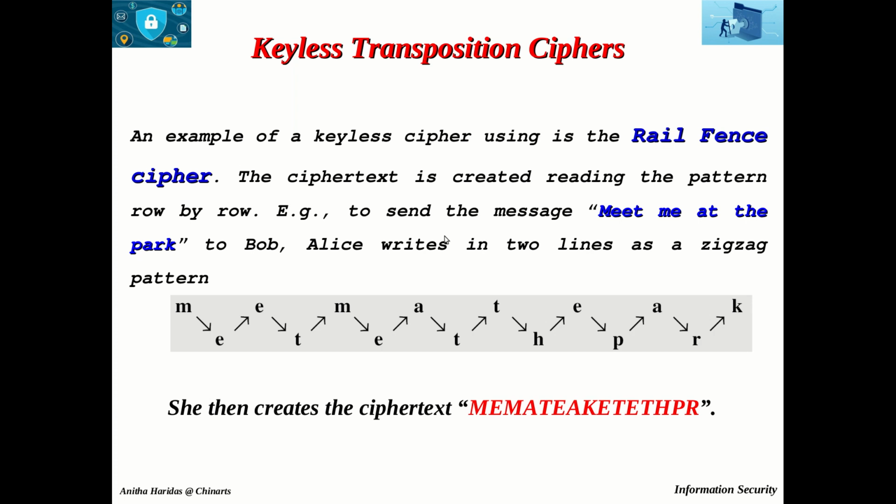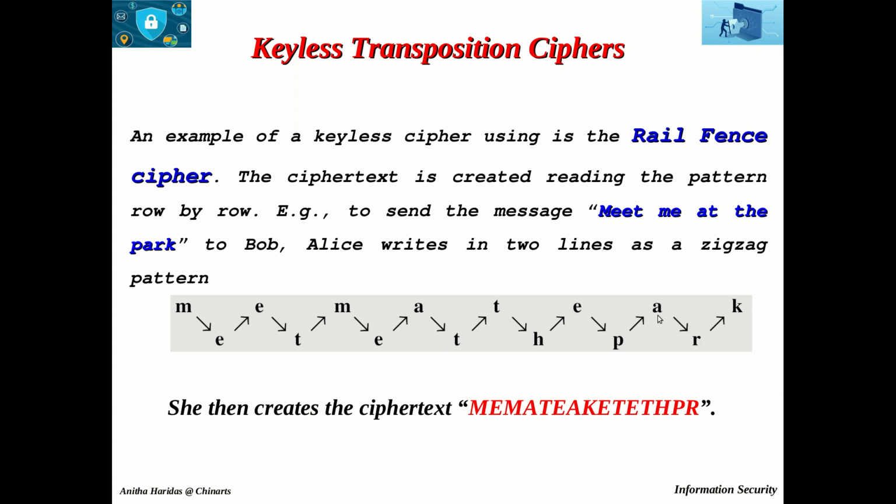Okay. Now, for example, if Alice wants to send a message to Bob, "meet me at the park." This is the message she wants to send. And what she is going to do, she is going to write the plain text in 2 lines as a zigzag pattern. And if you look at this pattern, it looks like a rail fence.